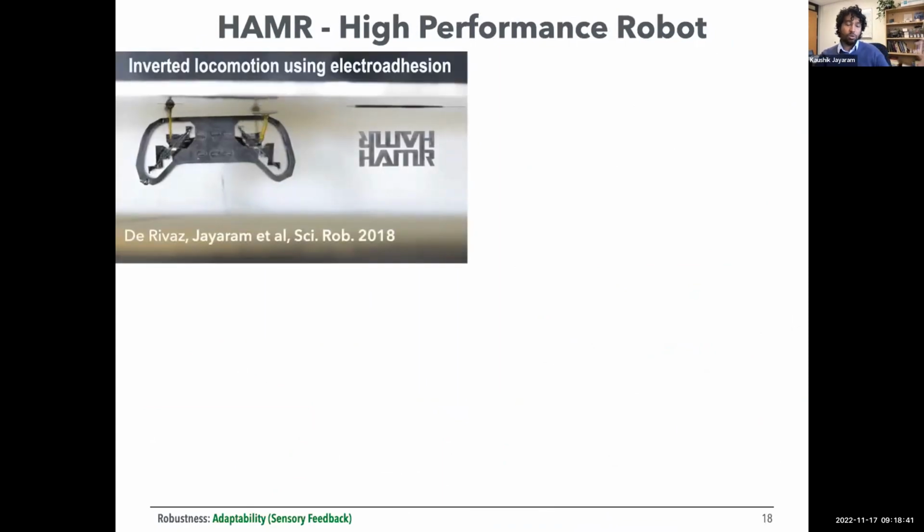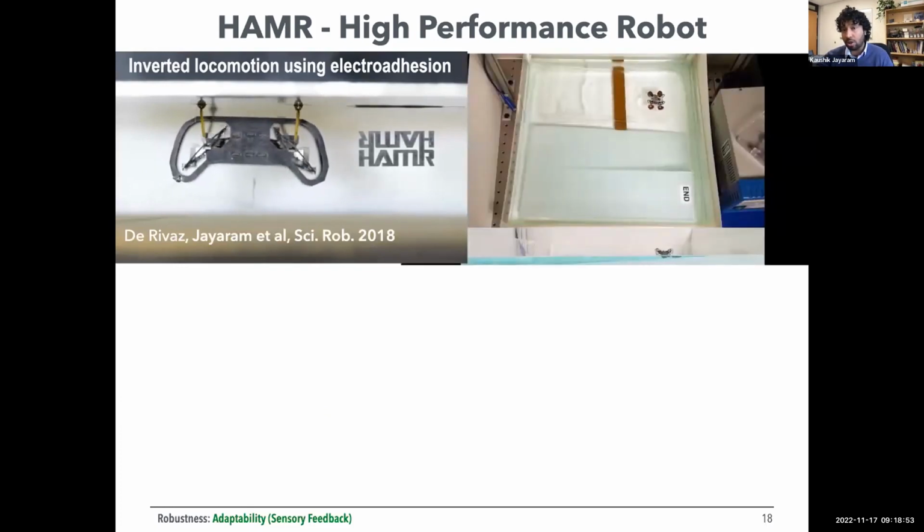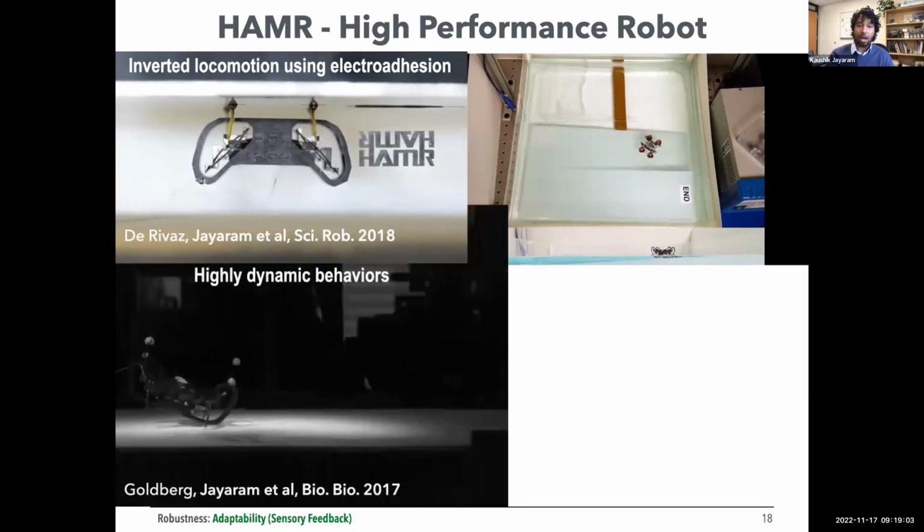And just to give you an idea, the whole robot is really capable of some impressive performance. Showing here is inverted locomotion using electroadhesion. Because these systems are really light, they can coast on the surface of water, exploiting electrowetting. We can make them sink into the surface of water and walk underwater.